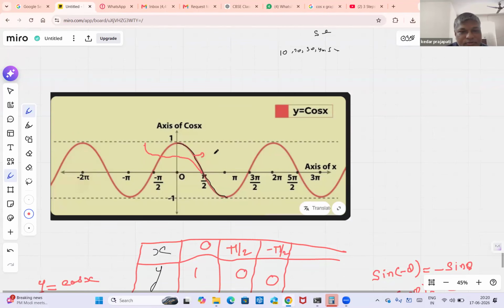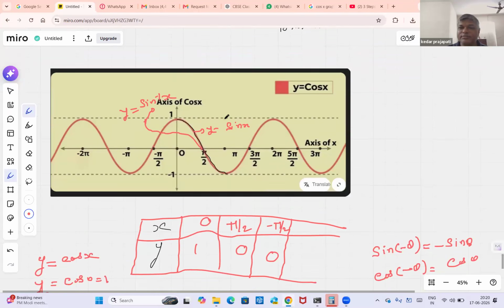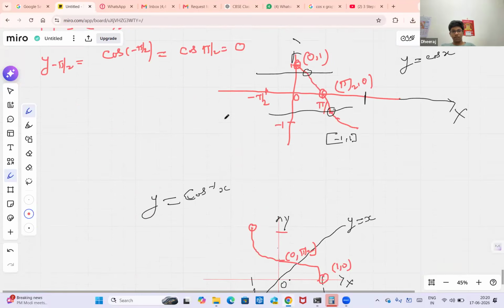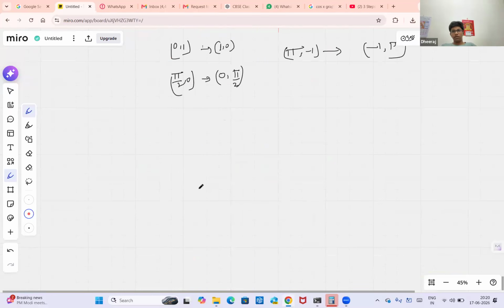So this is y equal to sin x, but this is y equal to sin inverse x. Clear? So someone asks you to draw the graph of sin cos inverse x.